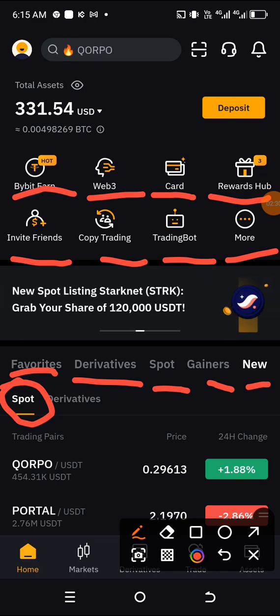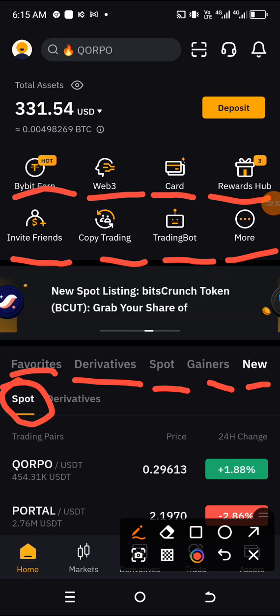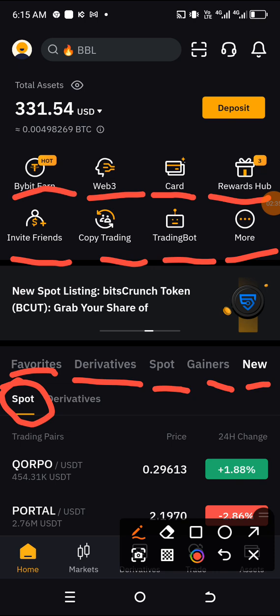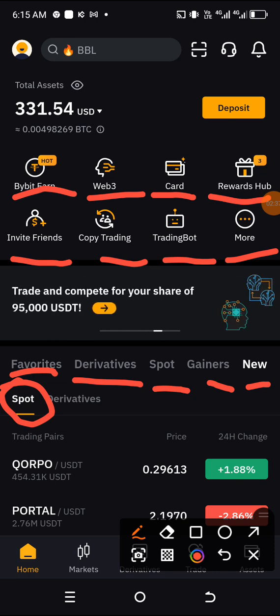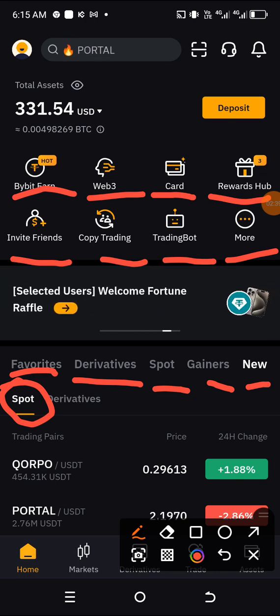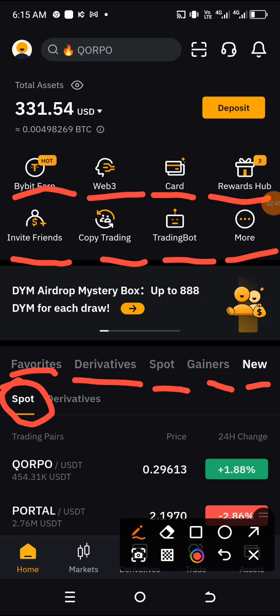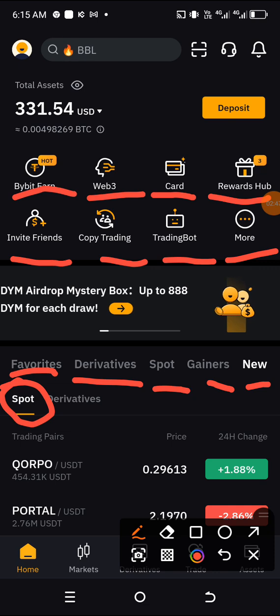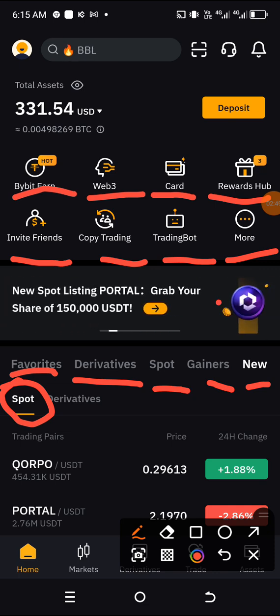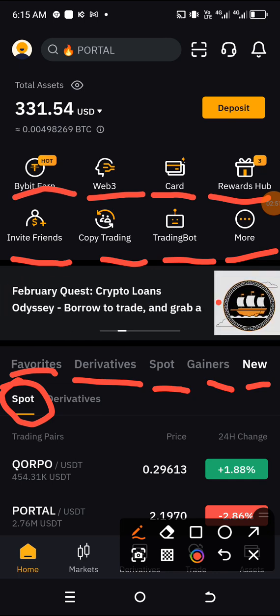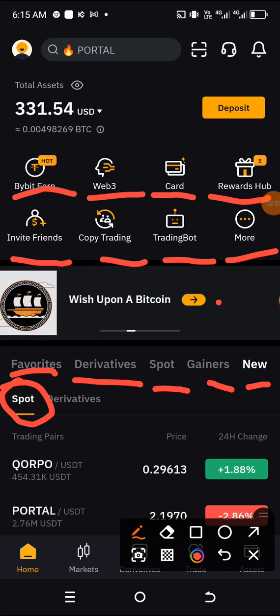The Derivative is more of the futures trading on Binance. Here it is called Derivative, and this is spot trading, or you can trade spot. In Gainers, you see the top coins that have been doing well for the past 24 hours.